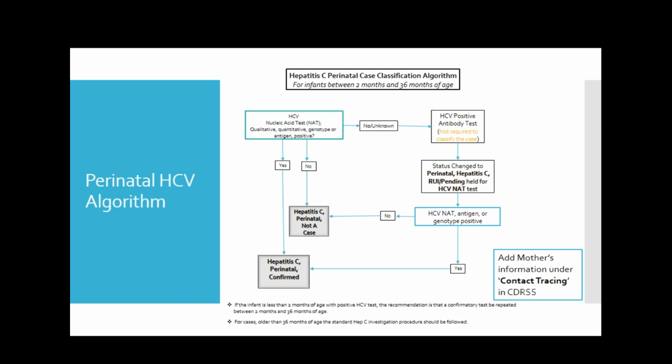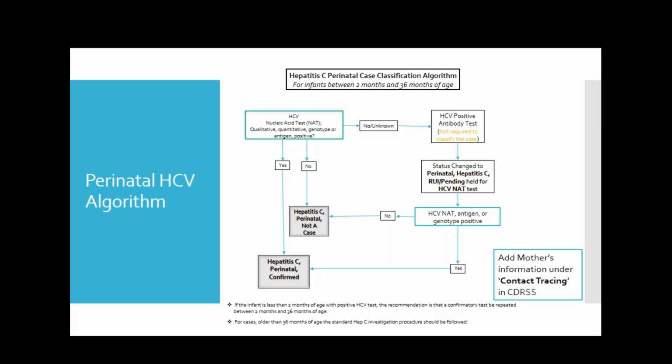If an HCV NAT test was done on the infant, but that test came back as negative or not detected, the case should be closed as perinatal Hep C, not a case. If the case is less than 36 months of age and an HCV NAT test was not done, or it's unknown if the test was done, but the case has a positive antibody test reported, the case status should be changed to perinatal Hep C, RUI pending, and this case should be held open for receipt of HCV NAT test.